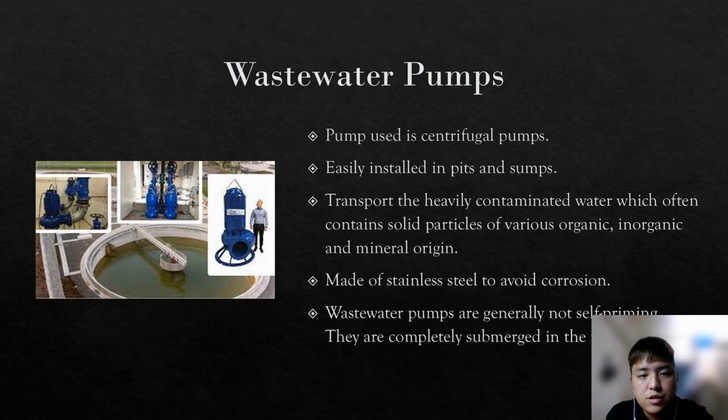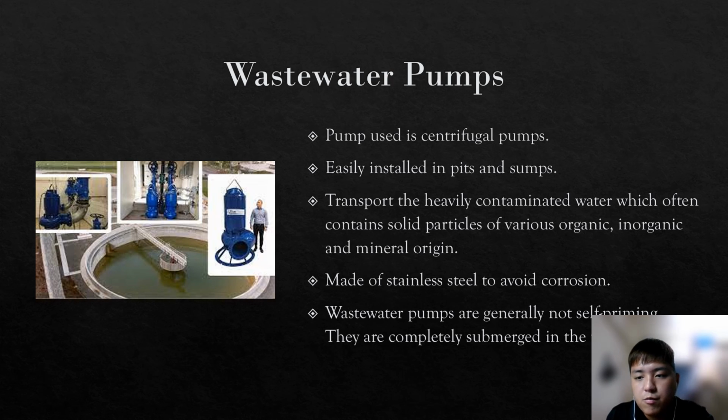One of the applications of pumps in industry is wastewater pumps. Basically, the type of pump used in wastewater treatment transportation is usually the centrifugal pump. This is because they can be easily installed in the pits and sumps of the wastewater treatment station.